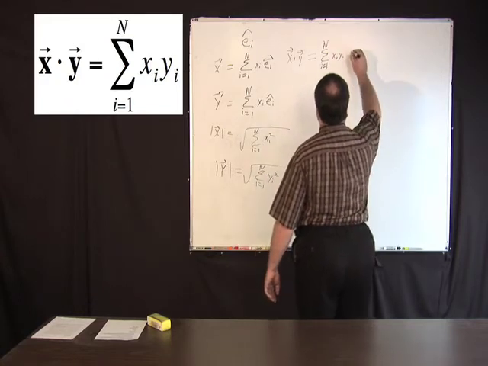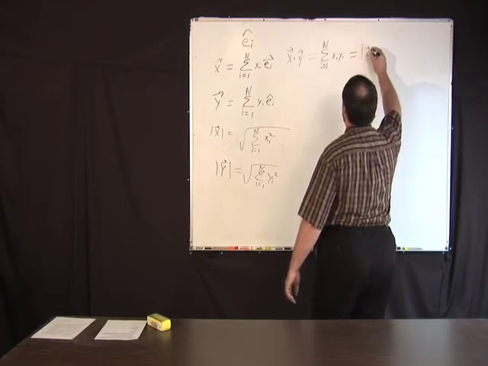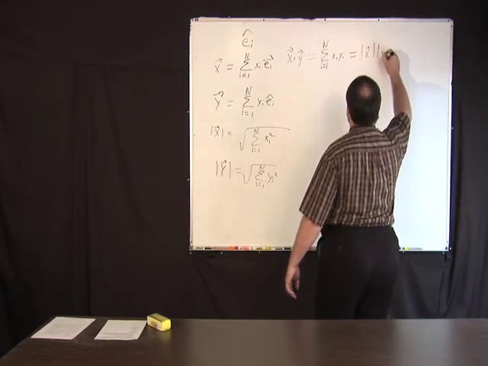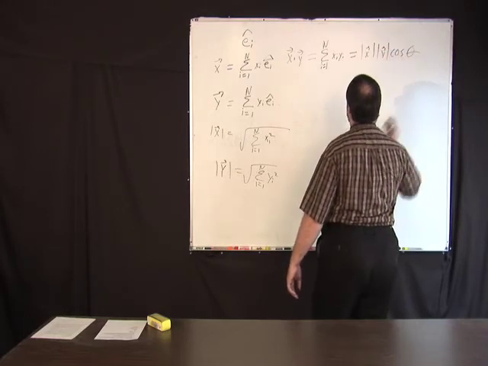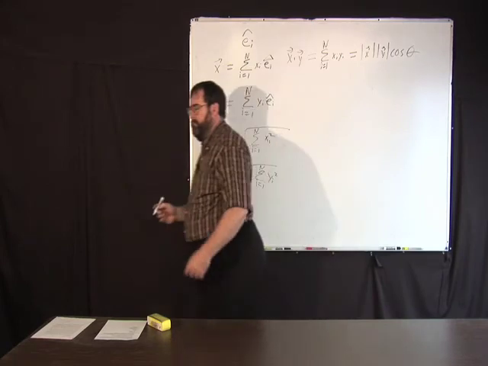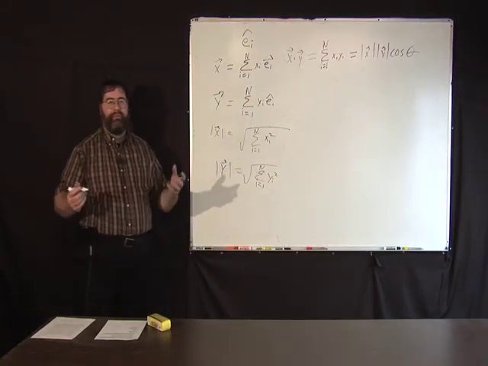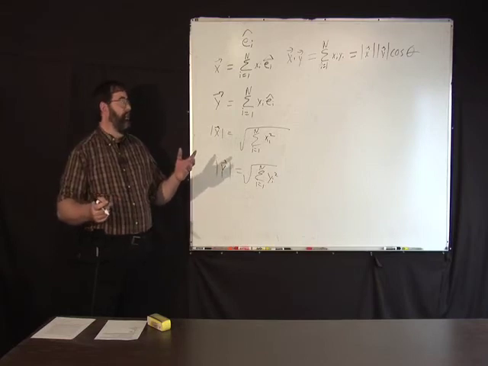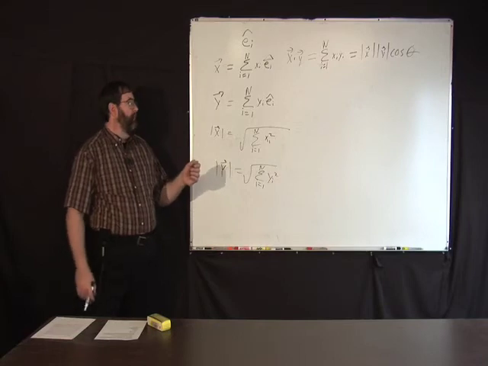But hey, this is equal to, still, by definition, the magnitude of x, the magnitude of y, times the cosine of the angle between them. So by defining things this way, we can look at the angle between 2 vectors in any number of dimensions. Kind of cool.